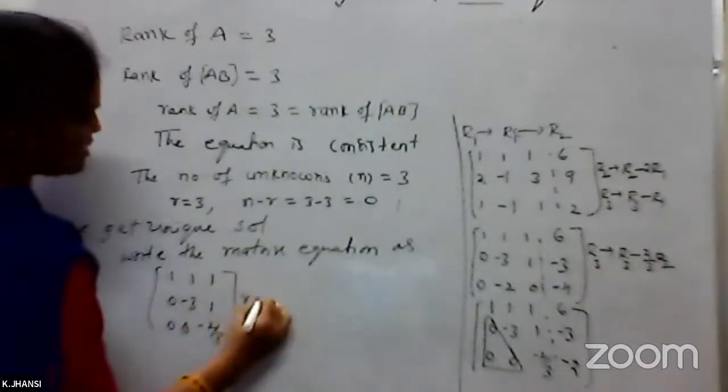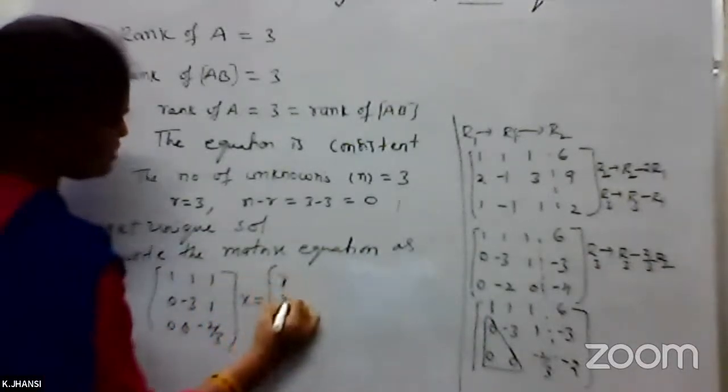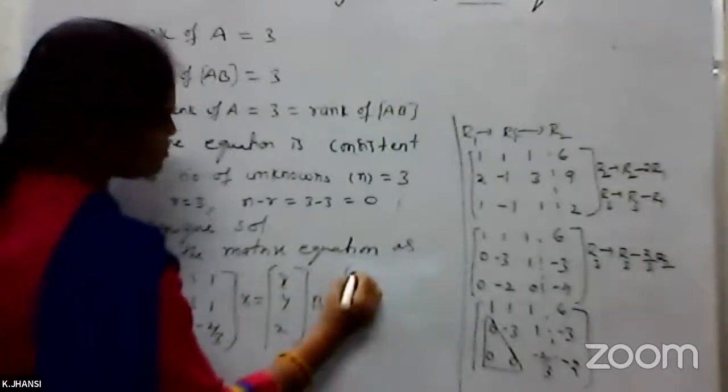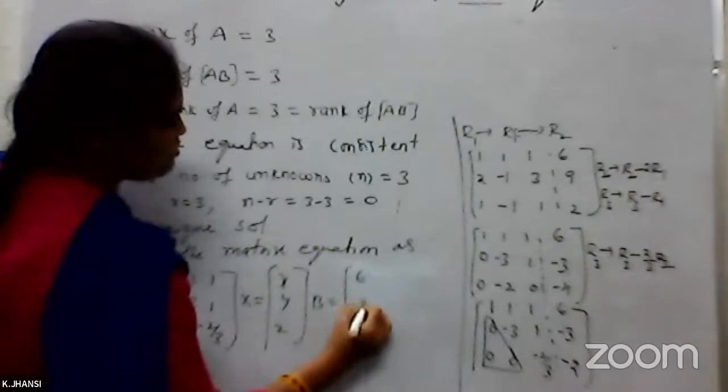X is equal to x, y, z, and B is equal to 6, minus 3, minus 2.